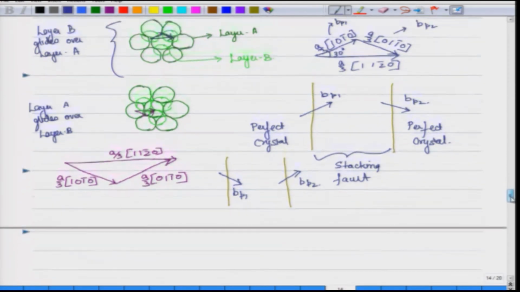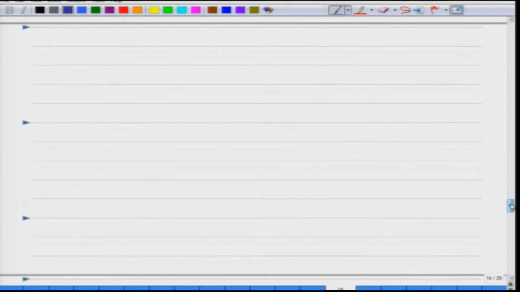Okay. So, before we close the chapter about the hexagonal systems, there are a few points that I would like you to keep in mind. One of the first things is how we said that basal slip and then prismatic slip is what is preferred.